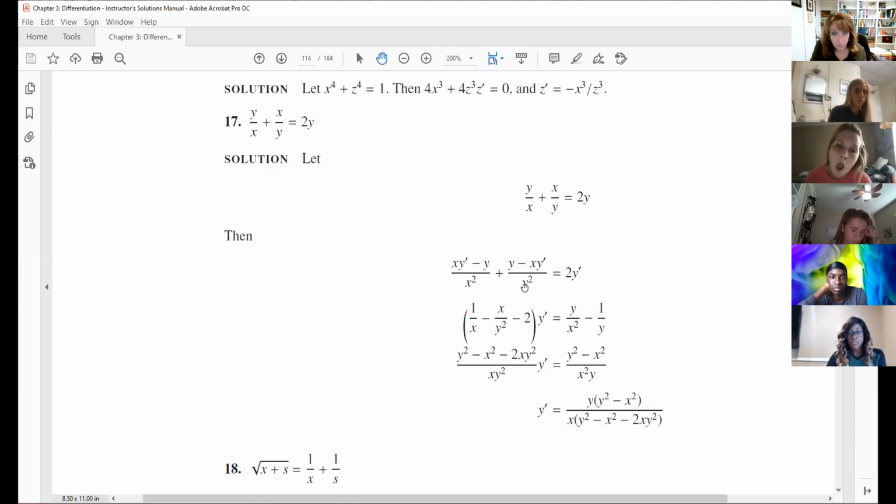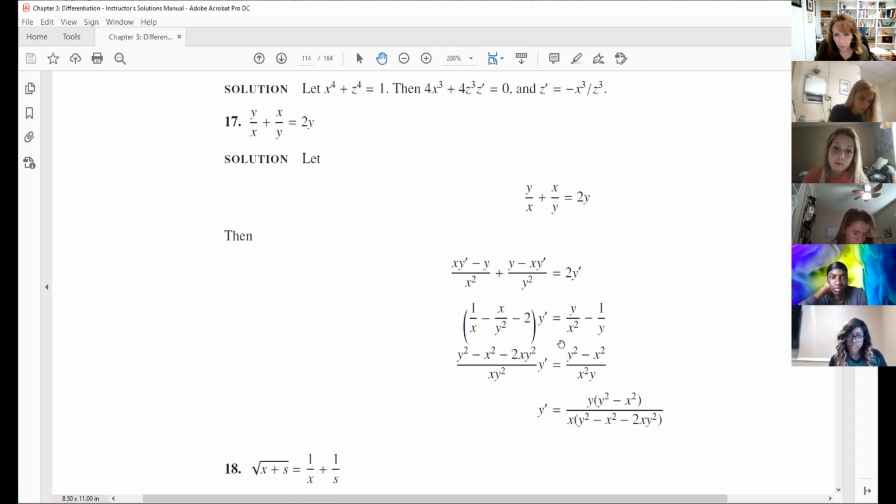And then it's going to be your y over x squared, which is over here. And we'll do the same thing over here, y over y squared. That's going to be 1 over y, which is over here. And then we have our minus y, pardon me, xy prime all over y squared. And that got moved over here. Basically, the goal is to get every single thing here with a y prime moved to one side, everything else on the other side.